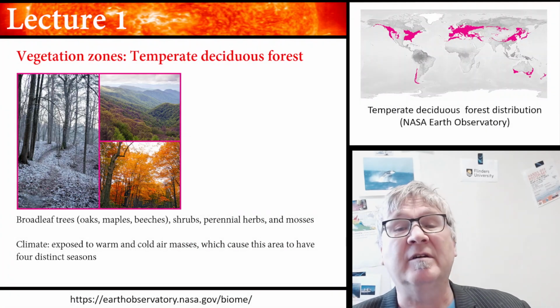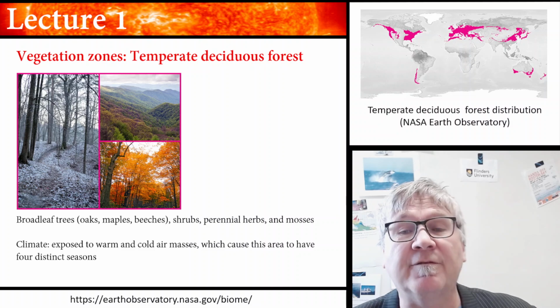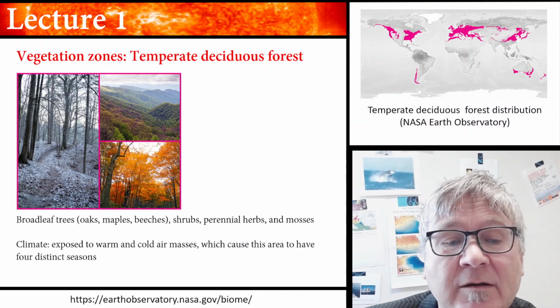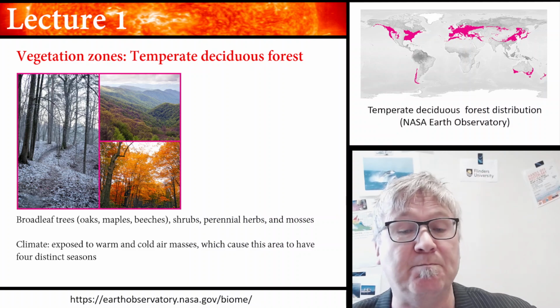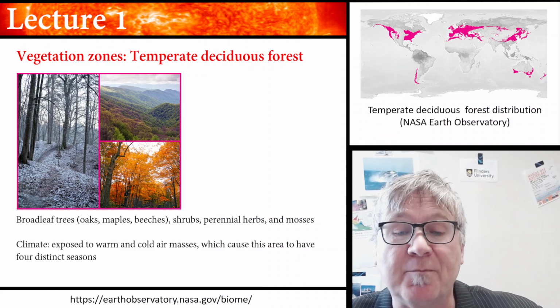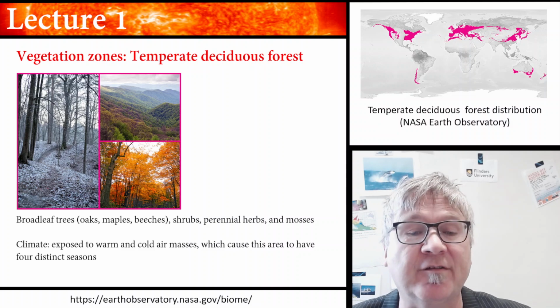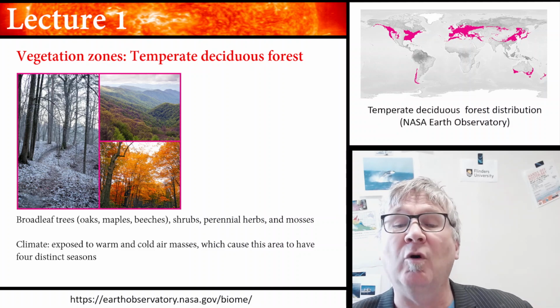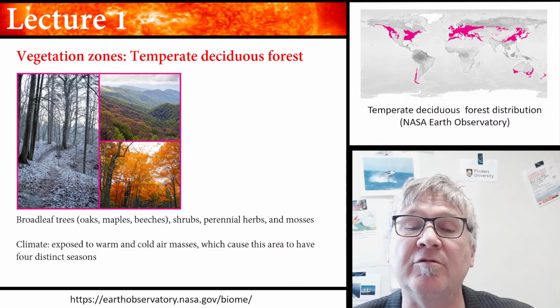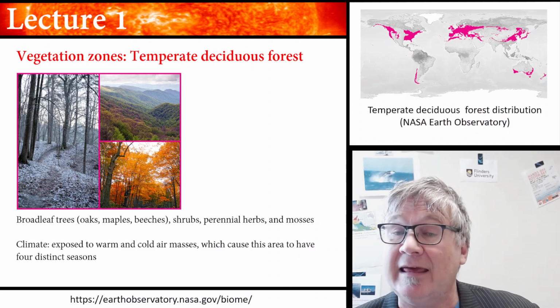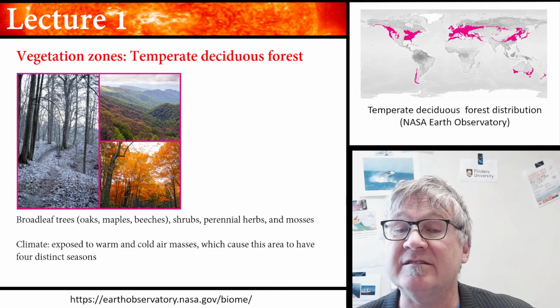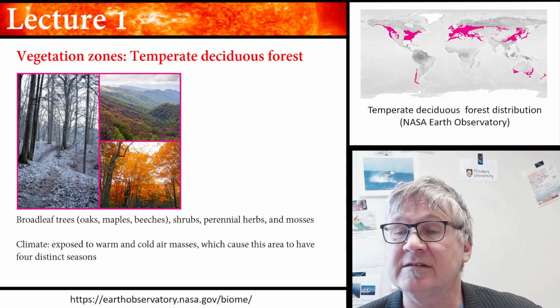So what's the next vegetation zone? The temperate deciduous forests. Okay, broadleaf trees, oaks, maples, beeches, shrubs, perennial herbs, and mosses. Okay, exposed to warm and cold air masses, which cause this area to have 4 distinct seasons. Okay, and that's the key here: 4 distinct seasons.